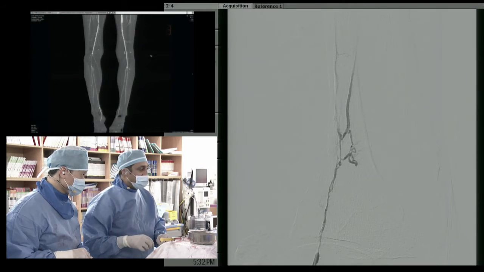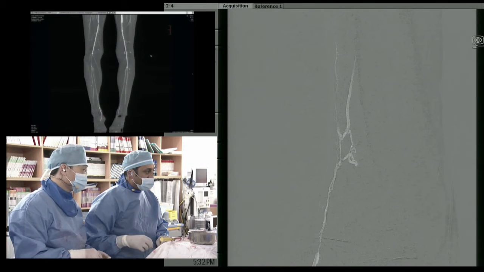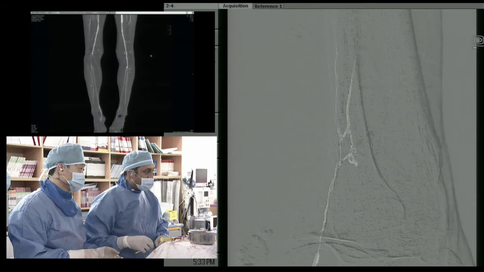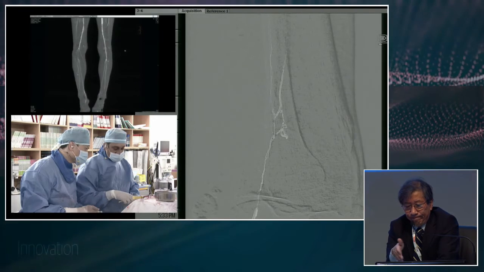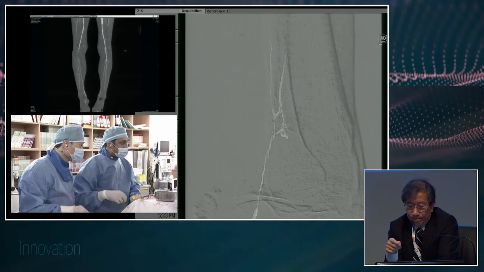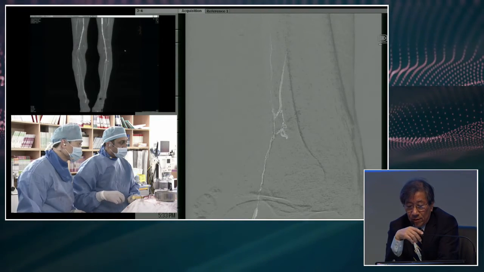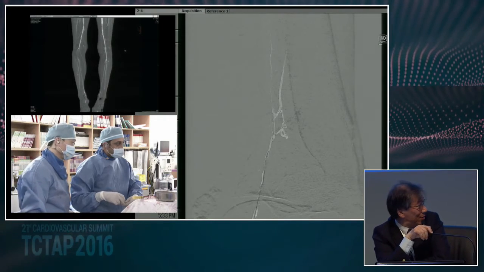So, Dr. Yokoi, you just said the same wire will go to the same place. Do you have a step methodology where you start with a specific wire, something like this, a lubricious wire? This one may have some channel. Each wire has its own specific behavior. So we change to the Cruise wire.